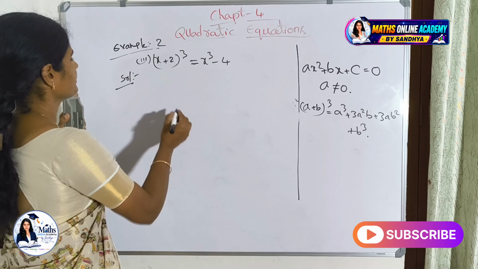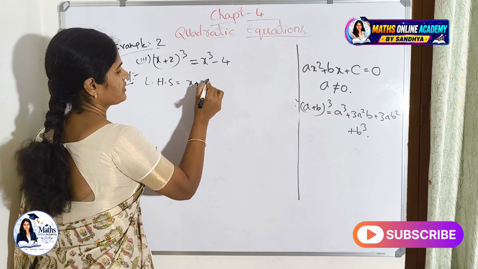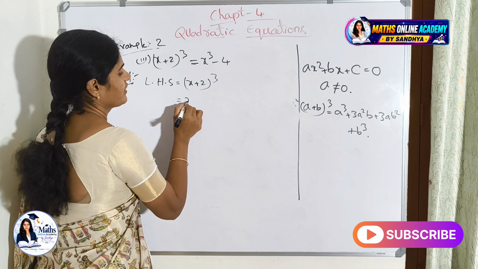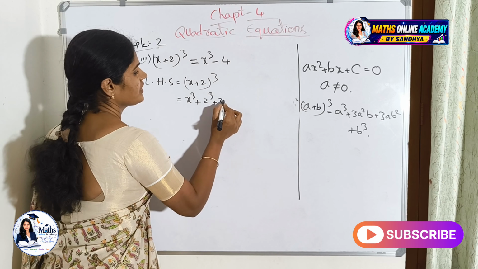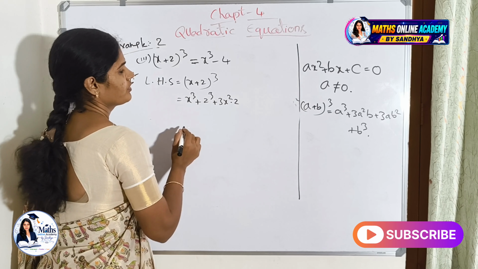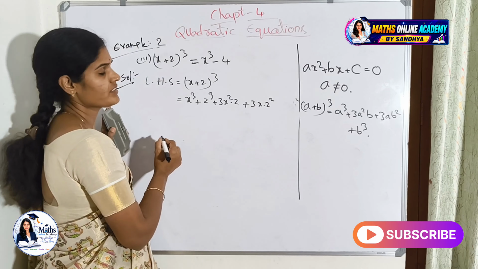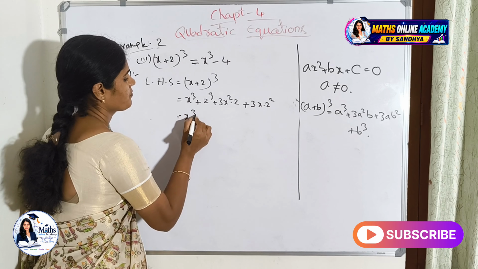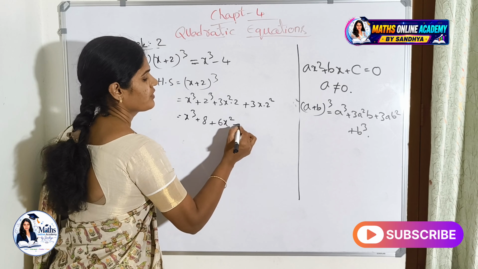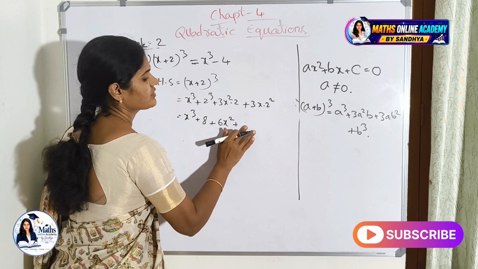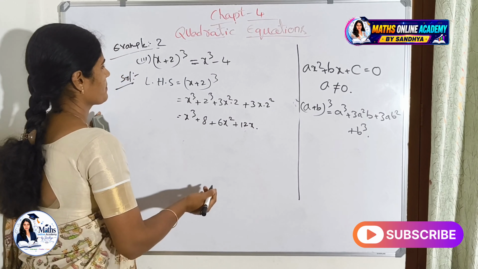See, LHS equal to x plus 2 whole cube. x cube plus 3x square into 2 plus 3x into 2 square plus 2 cube. 2 cube means 8, 3 into 4 is 12, so 12x.